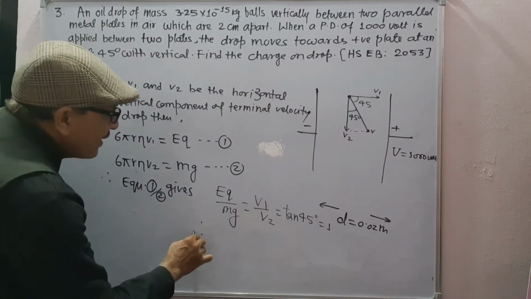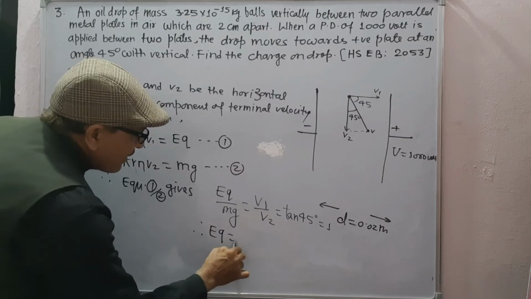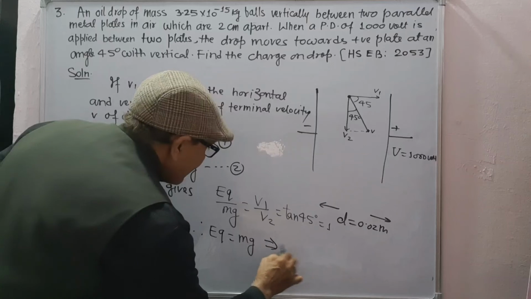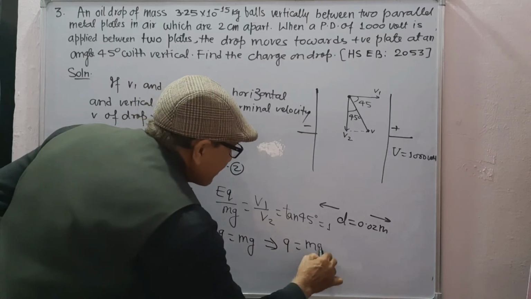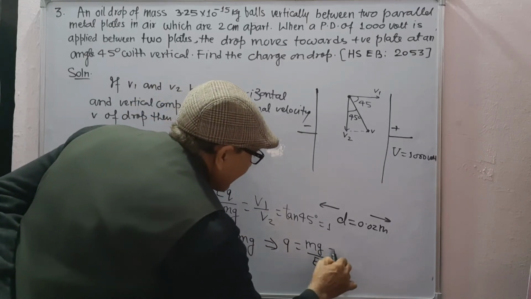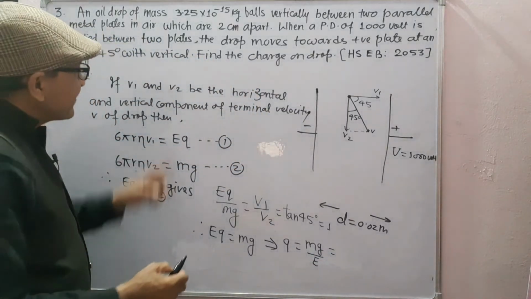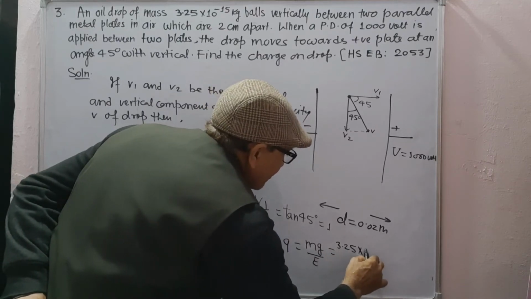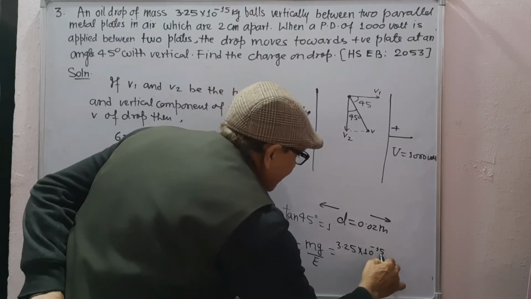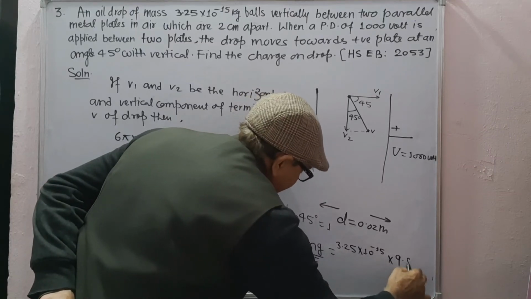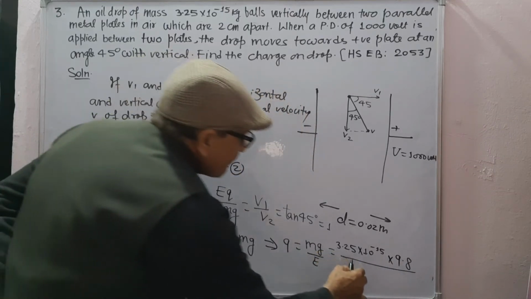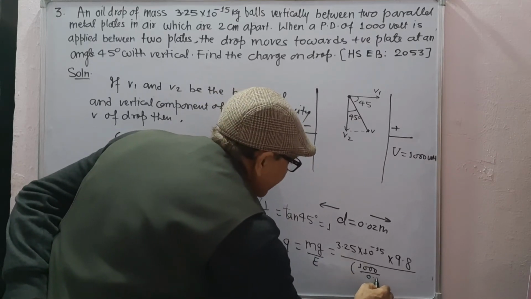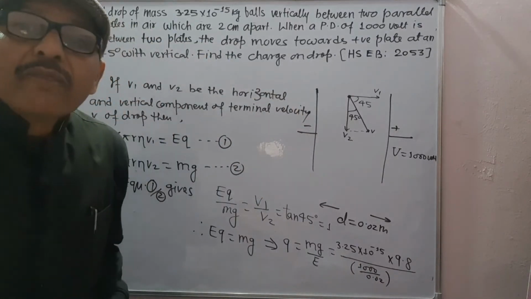This means that EQ will be equal to mg, which gives Q as mg upon E. M is 3.25 into 10 to the minus 15, g is 9.8, and E is 1000 upon 0.02, means V by d.